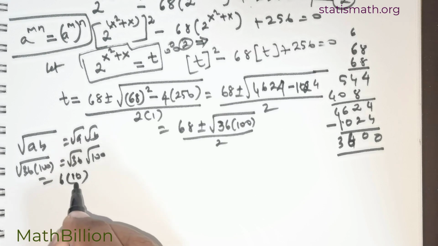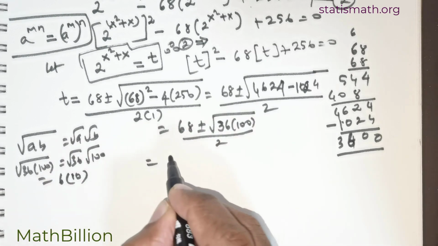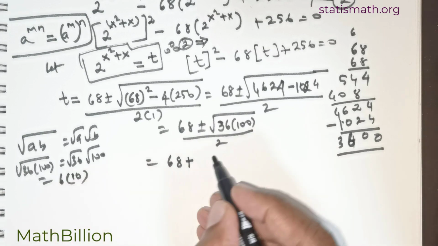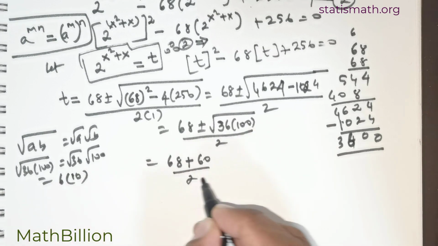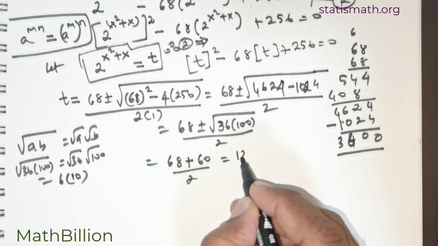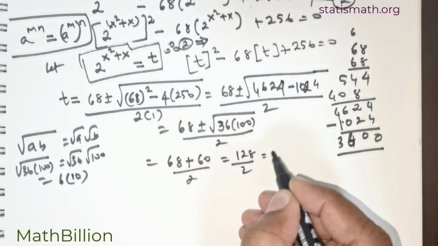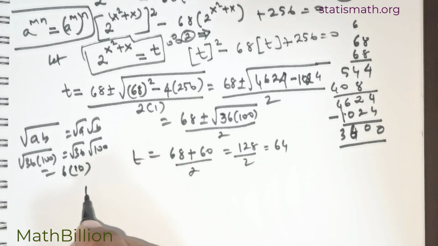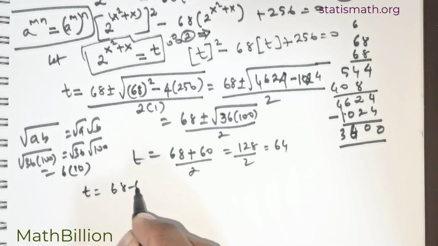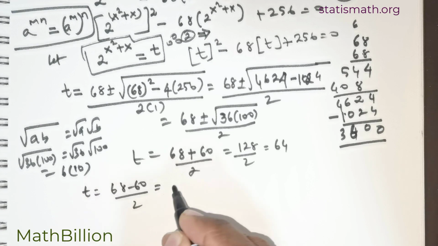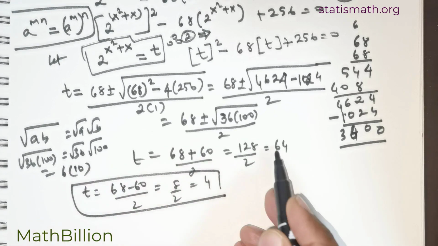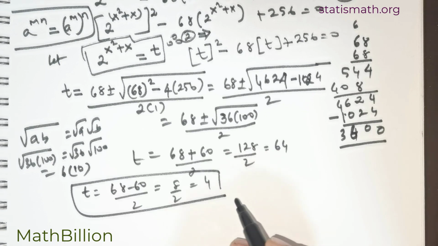So you got 6 into 10. Fair enough. So 68, a positive value, plus 60 divided by 2, this is going to be 128 divided by 2, 64. t is equal to 64 is one value. Then the other value, 68 minus 60 divided by 2 is equal to 8 divided by 2, which is equal to 4. So you got two values, t is equal to 64 and t is equal to 4.